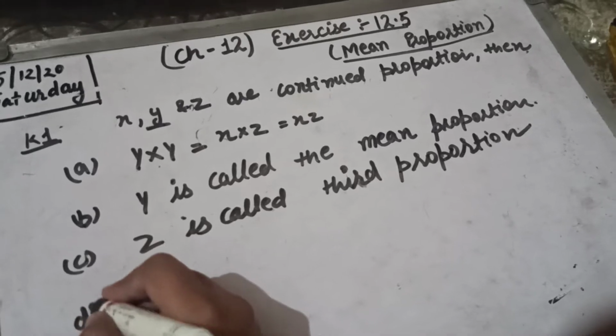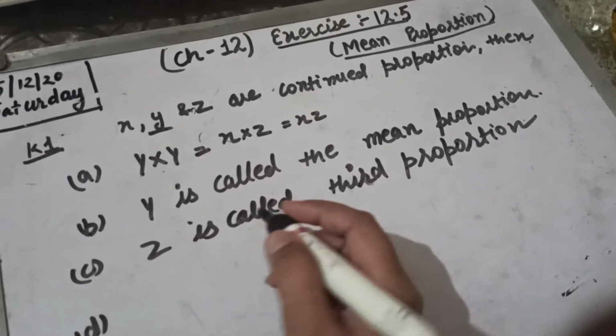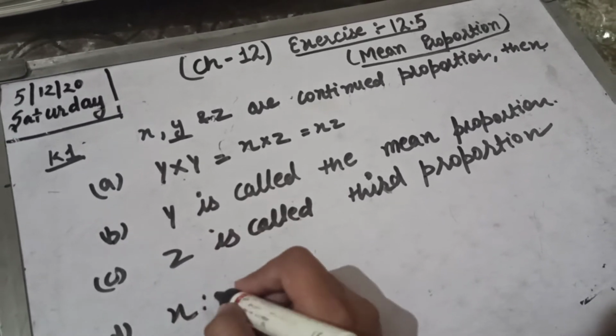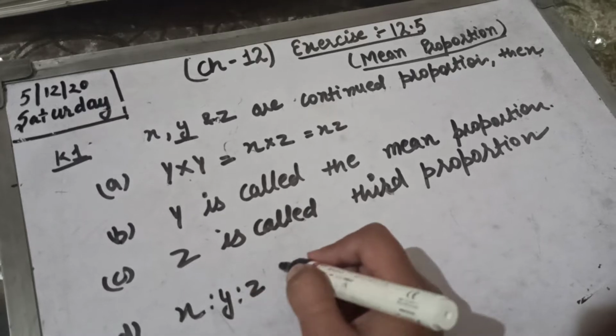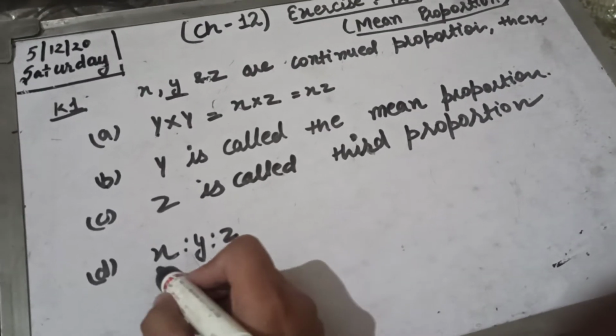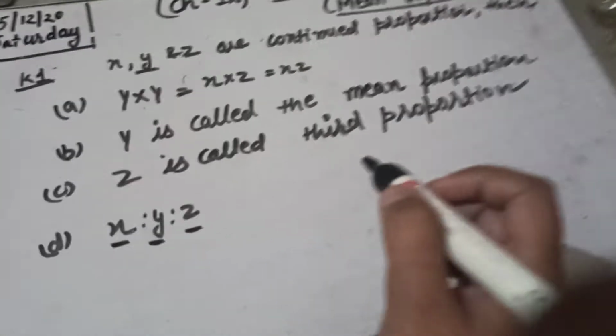D part is the consequent of the first ratio and first ratio. See, this is like this. Consequent of the first ratio, first, mean and third, or you can say first, second, third. So what are consequents?